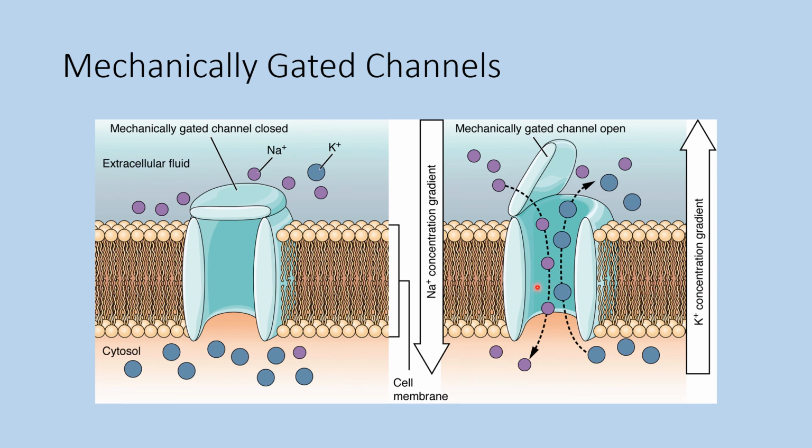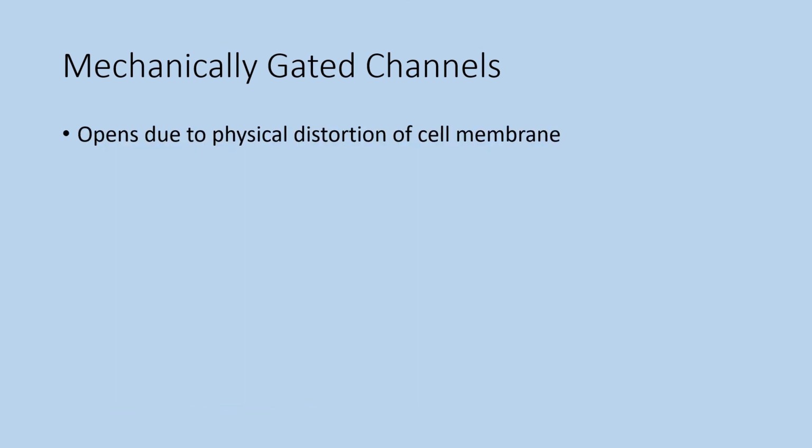Essentially, the sides are squeezing in, and that's going to pop open the gate, if you will. So it's opening due to some type of an actual physical distortion or disruption of that cell membrane, like pushing in. Oh, it's squeezing it in, and it's going to pop the lid off, open the door. You restore it back to its original shape, and the door closes.